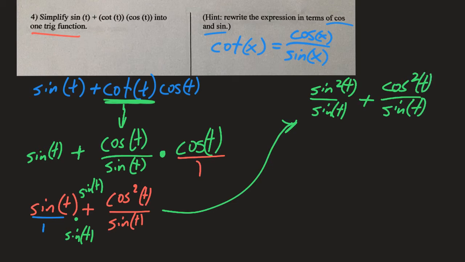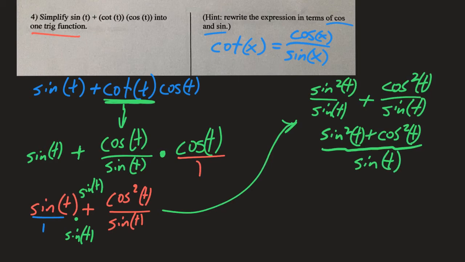All right, so now at least this is ready to combine into a single fraction. And I've got sine squared plus cosine squared on top and just a plain old sine on the bottom. So we got sine squared t plus cosine squared t over a single sine t. All right, let's see what we can do with this now.